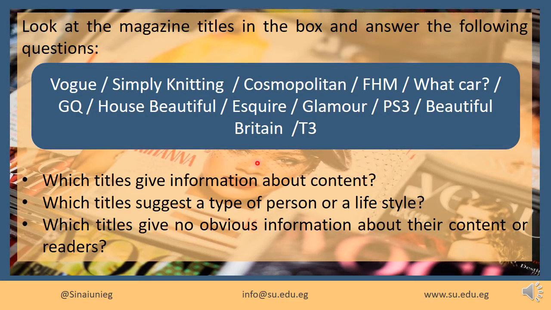All right. In this part, I need you to take a look at these titles, and we need to know which titles give information about the content, which titles suggest a type of person or lifestyle, and which titles give no obvious reason about their content or the readers. Take a second and think of all of this.